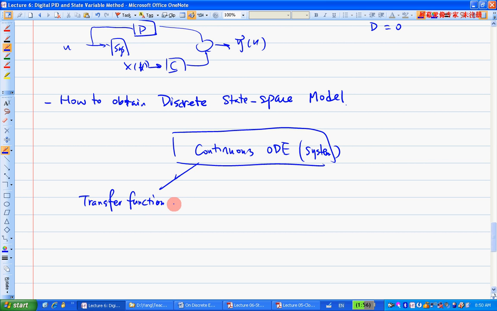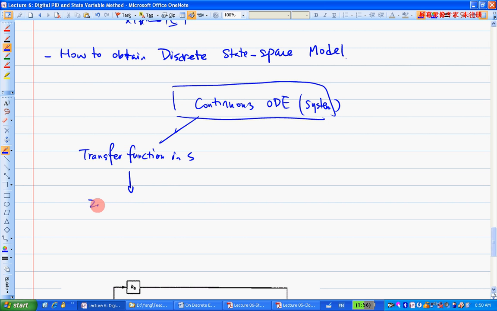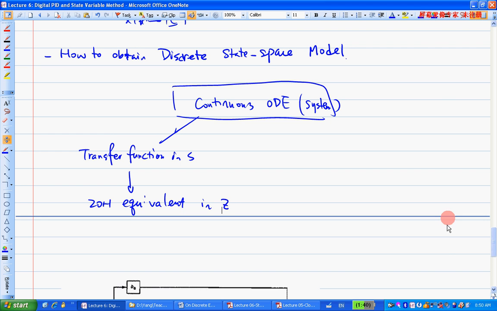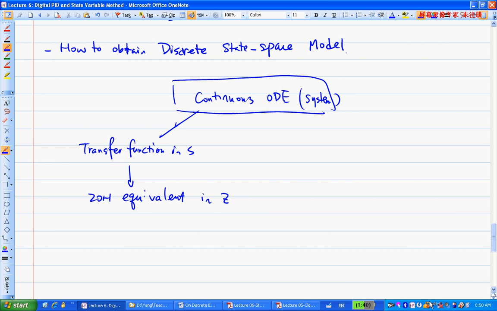The transfer function is the S function. Then, based on your transfer function, you obtain a zero-order hold equivalent. That's what I mentioned at the beginning of the lecture: you put a zero-order hold in front of the block and take a Z transform, so you get a Z function.